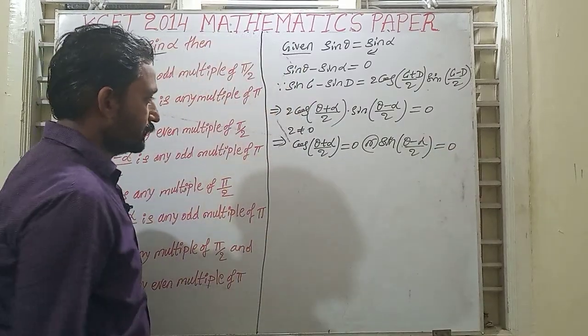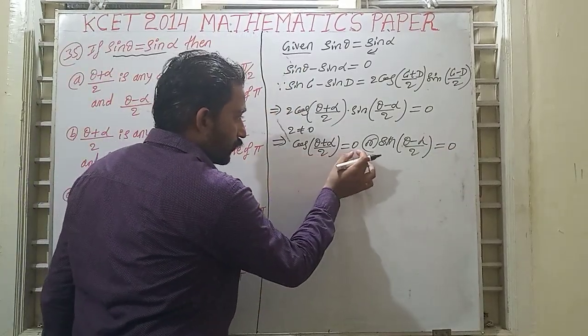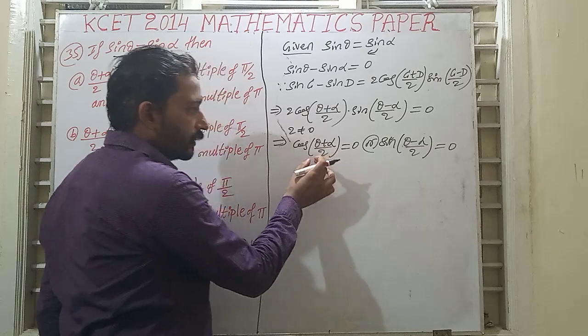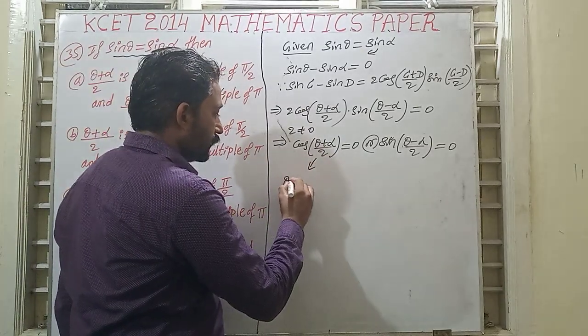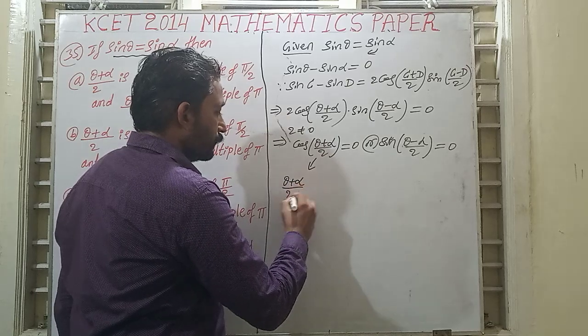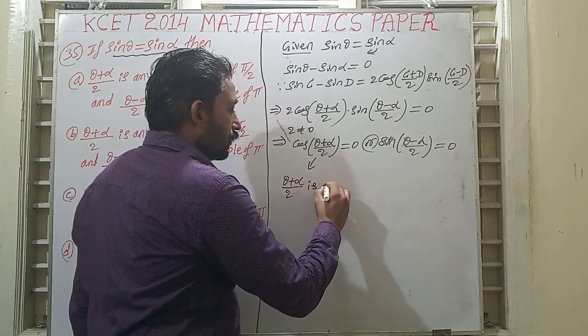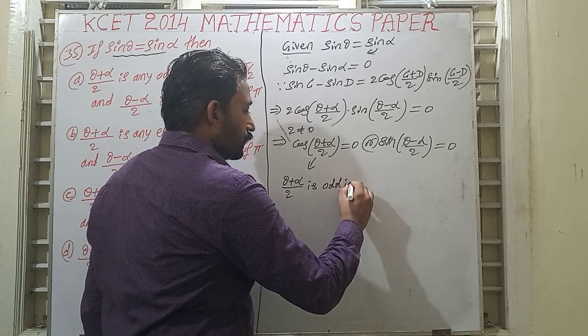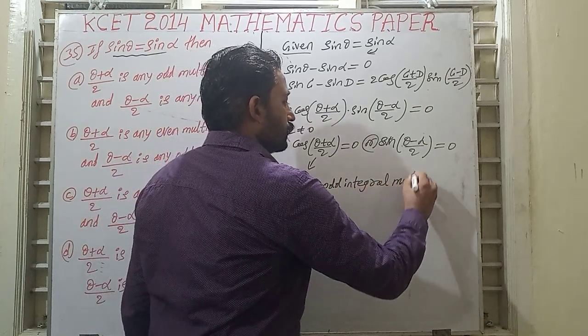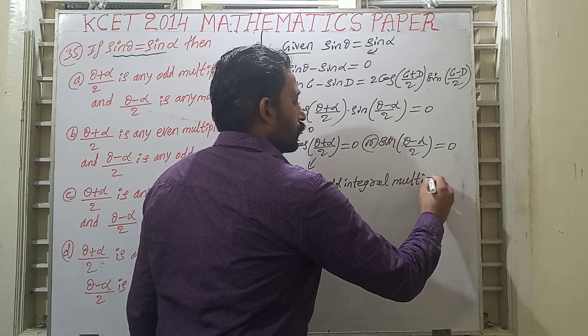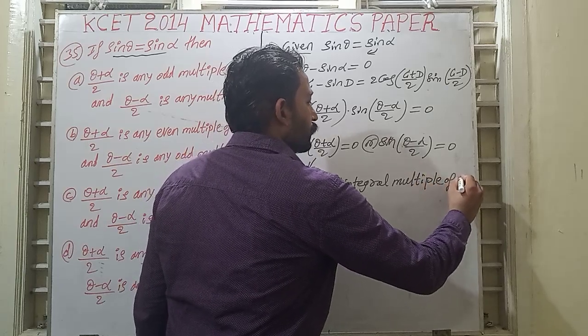Cos of any angle equal to 0 means that angle is an odd integral multiple of pi by 2. So (theta plus alpha) divided by 2 is an odd integral multiple of pi by 2.